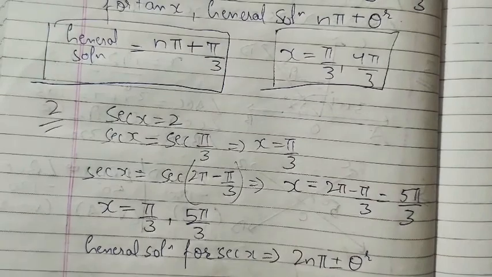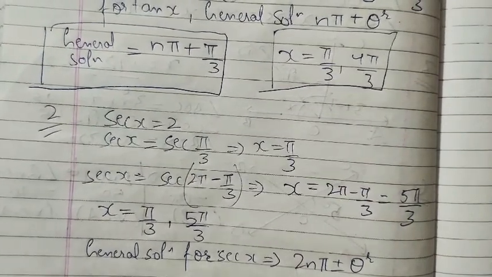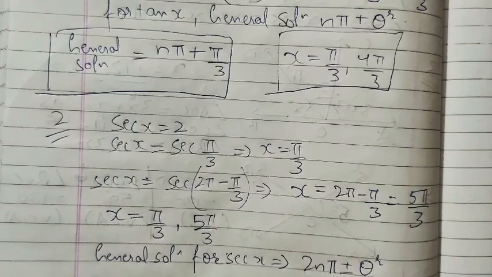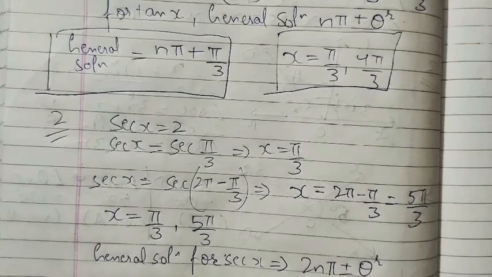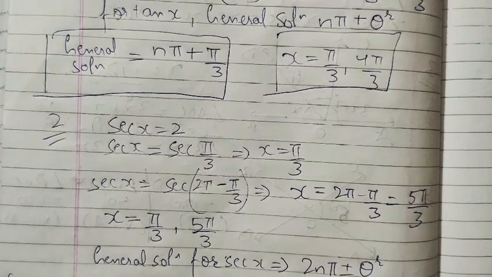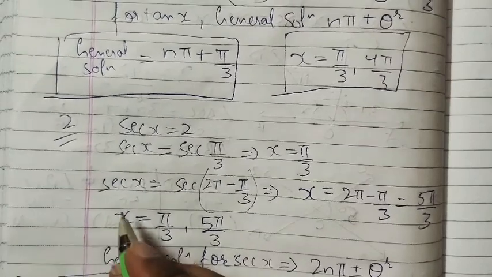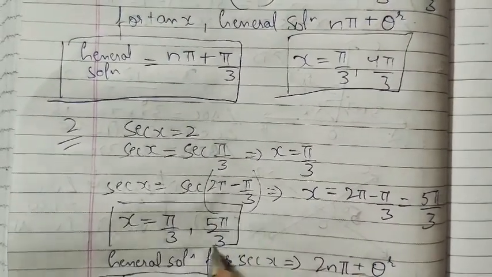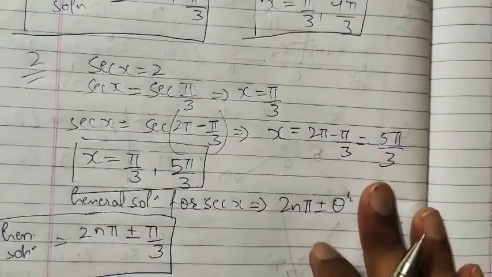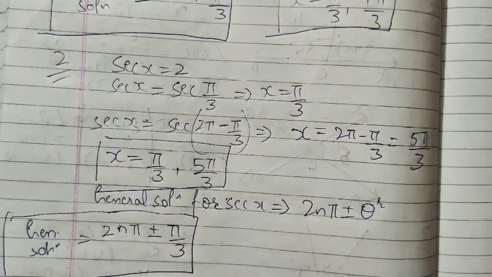So 2n pi plus minus pi by 3 is general solution, right? So principal solution also we have got and general solution also we have got. So this is principal solution and that is general solution. This is our answer for question number second.